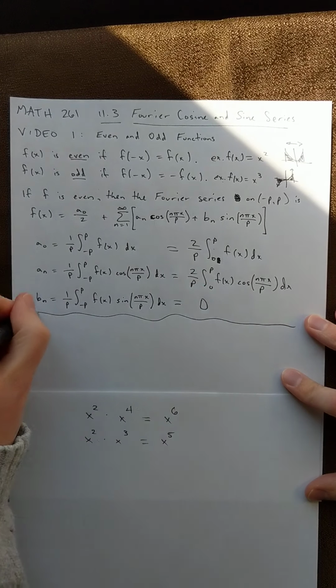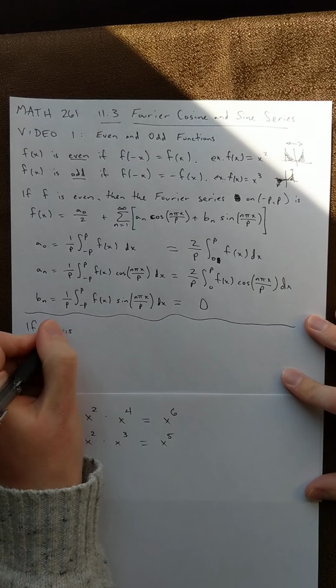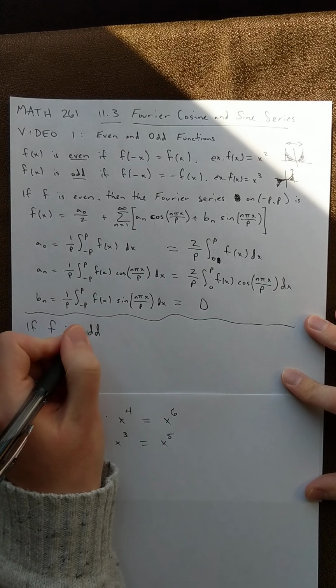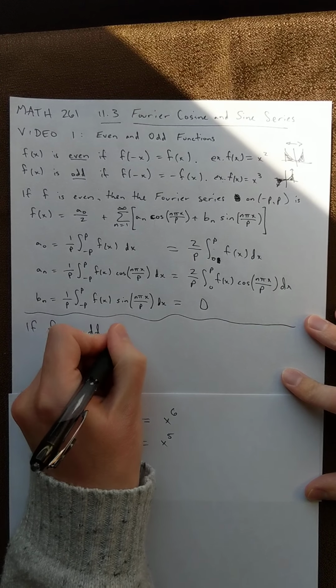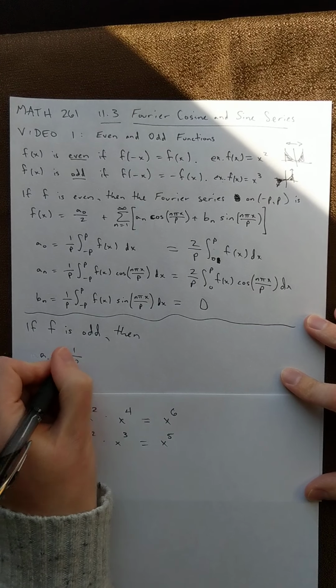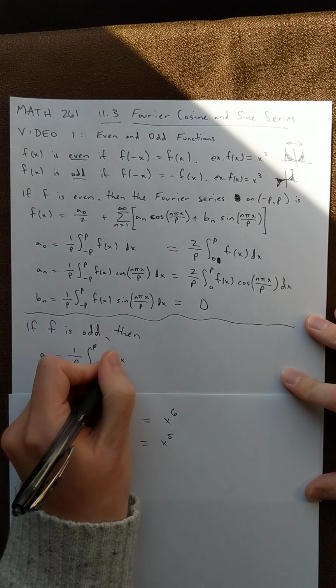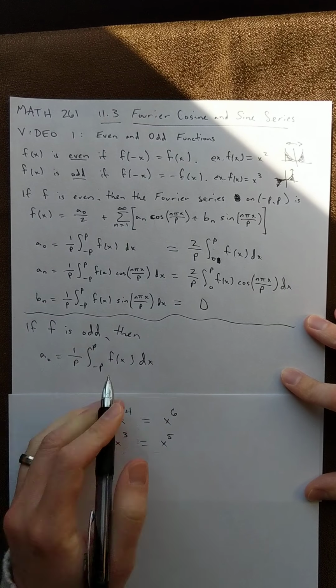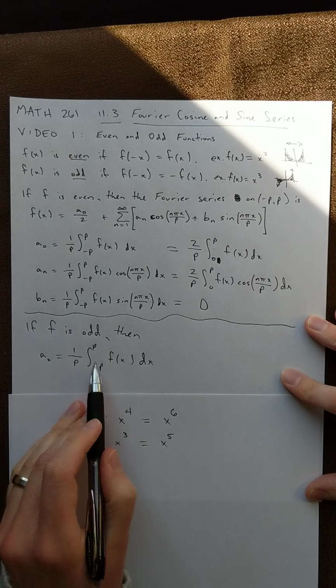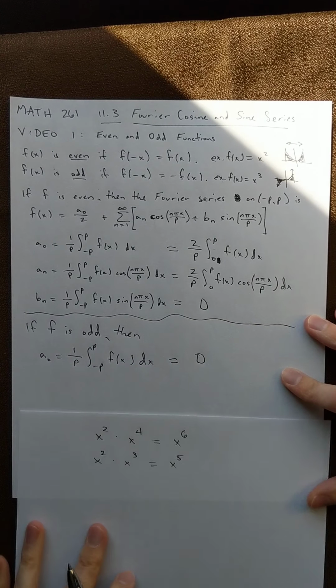Okay, let's look at the same thing if we had started with a function f that was odd. Then our a0 would be 1 over p, integral from -p to p of f of x dx. This is now an odd function, and the integral of an odd function from -p to p would just spit out a 0.